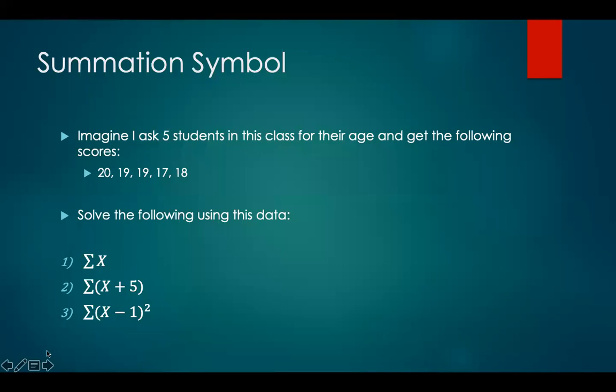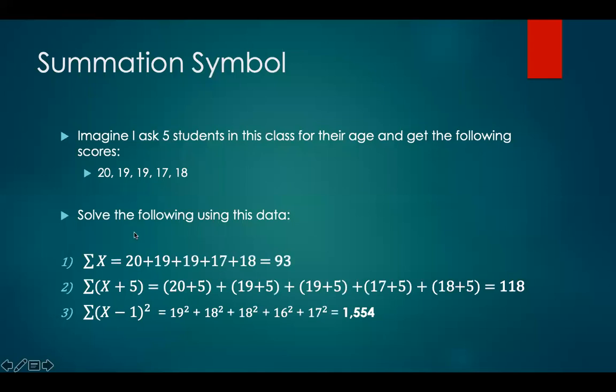So now we will quickly go over the answers to these 3 questions. Now, the first one is simply a summation of all of these scores, which equals 93. Now, the second one here, we add 5 to each individual score and add up all of those additions, which equals 118.